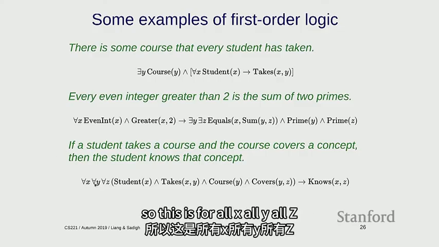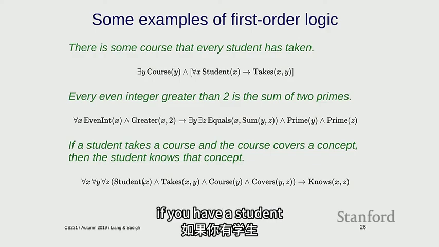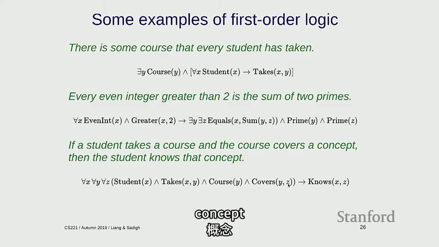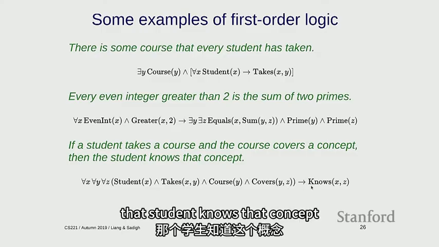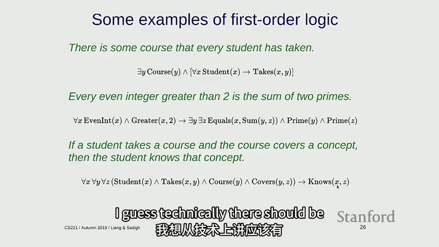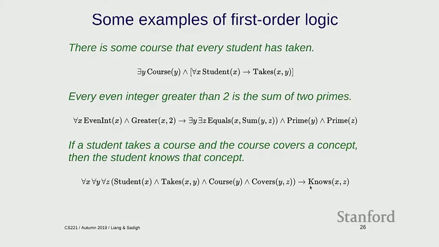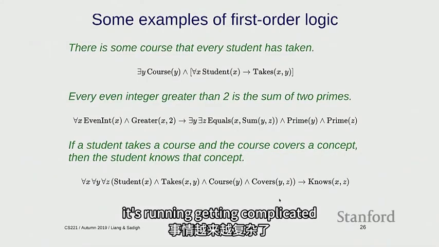So this is for all x, all y, all z. If you have a student and they take some course, and that course covers some concept z, then that student knows that concept. I guess technically there should also be concept of z in there, but it's getting complicated.